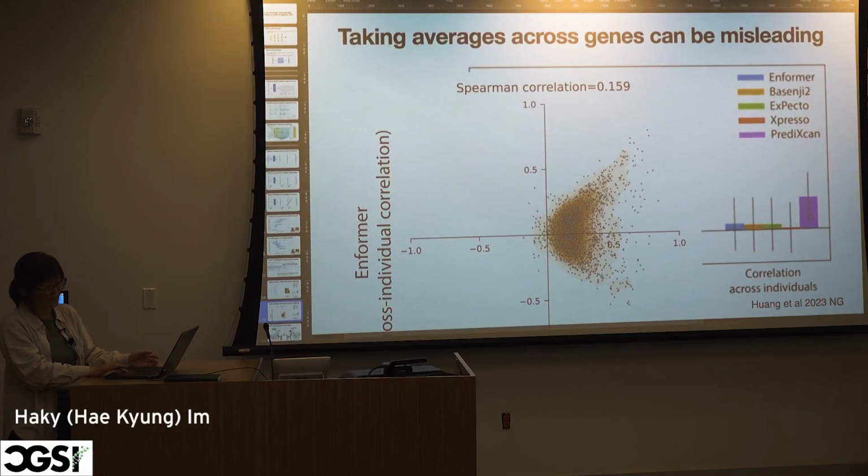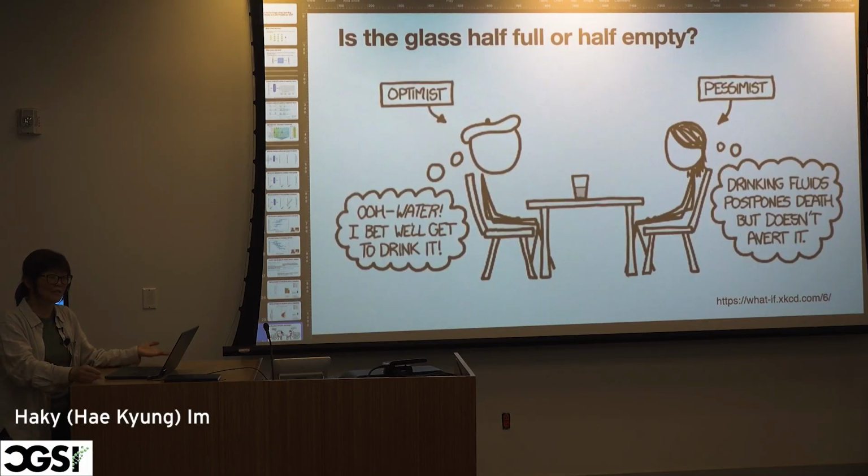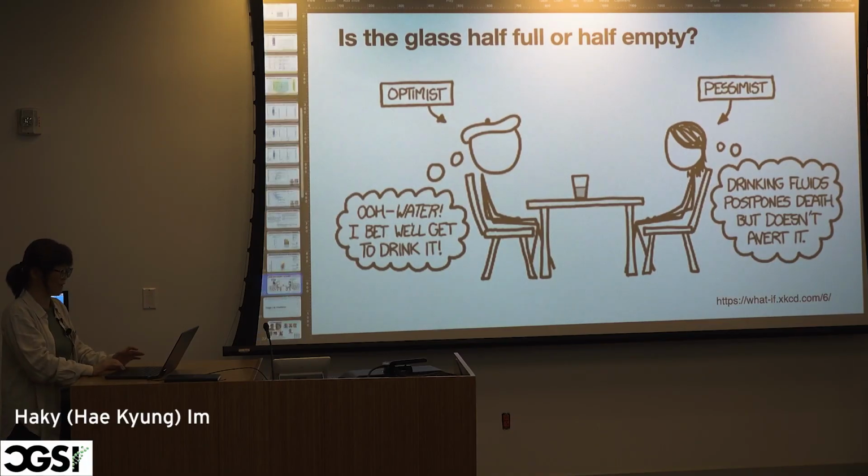But looking at this and saying it's 0 on average is ignoring a lot of actual data information that you have. You can be a pessimist and say, you can drink water, but eventually you'll die, so you do nothing. Or you have the water, it may not be perfect, and you drink it.